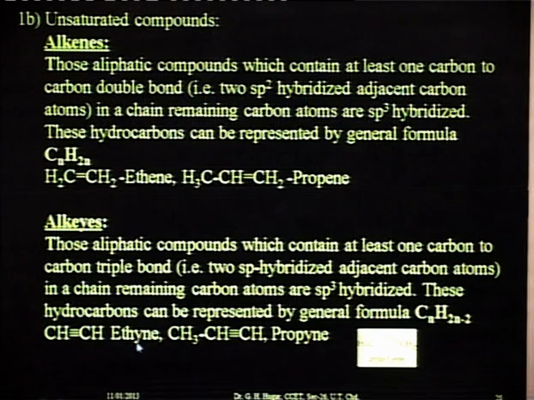Examples: ethyne, propyne, the triple bond is here. So, there is a mistake, one H has come here extra. So, you have 3 plus 1 is 4, 5, 6 sigma bonds, and 2 pi bonds are there. So, this is alkynes and this is alkynes.